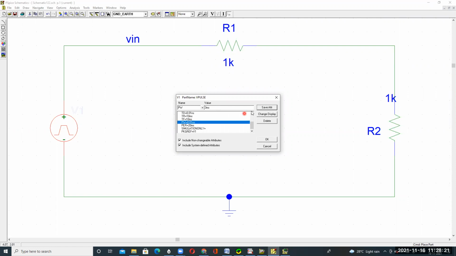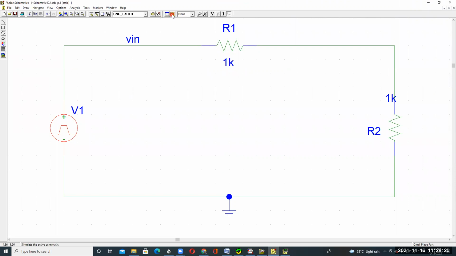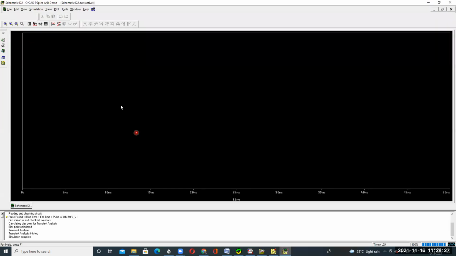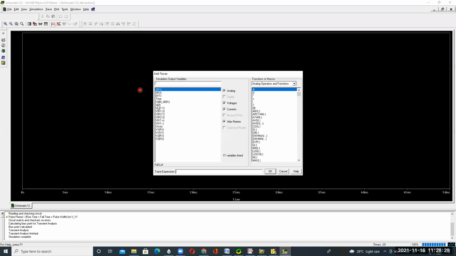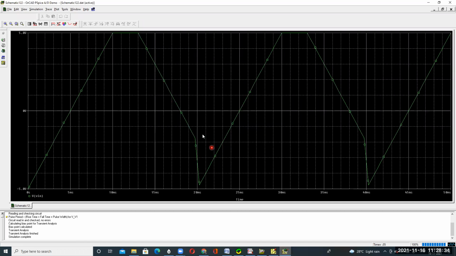Run the simulation, and you can easily observe how the waveform changes. This is V in, our input waveform, and this is the pulse width. The pulse width goes on increasing like this.